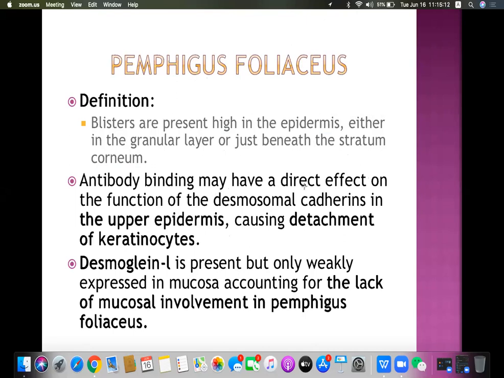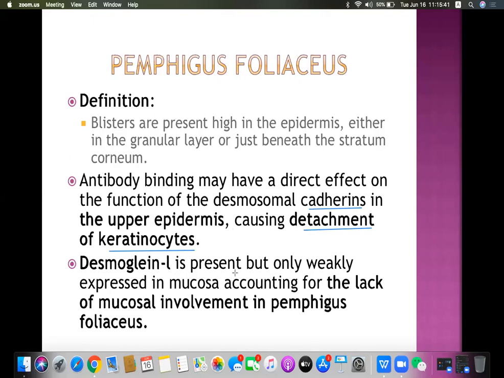Antibody binding may have a direct effect on the function of the desmosomal cadherin in the upper epidermis, causing detachment of keratinocytes. So it is a similar type of mechanism. Those autoantibodies again target the desmosome, the component cadherin, leading to detachment of keratinocytes from each other. Same thing.